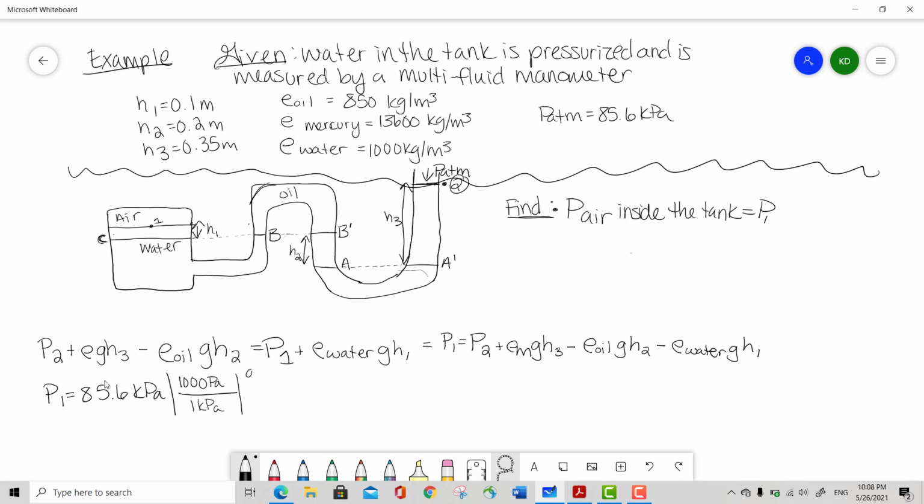And then we need to get this: 1 Newton per meter squared is 1 pascal. So that's our conversion. We're just plugging in.